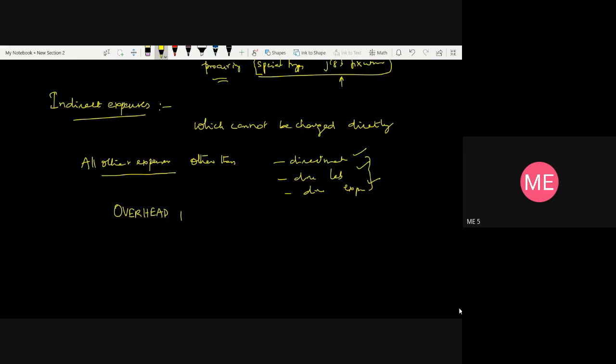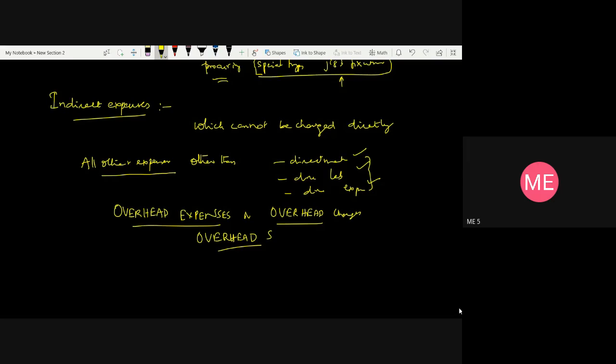It has different meanings. Overhead expenses or overhead charges, or we can say overheads only. Indirect expenses are also called overhead expenses, overhead charges, or overheads.